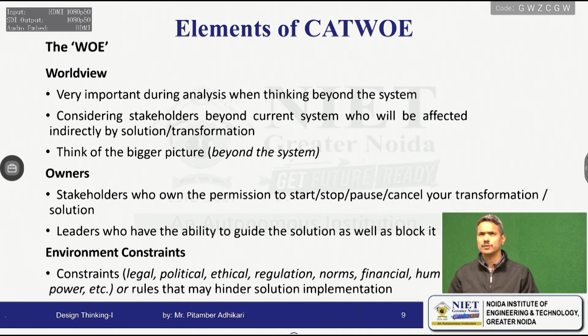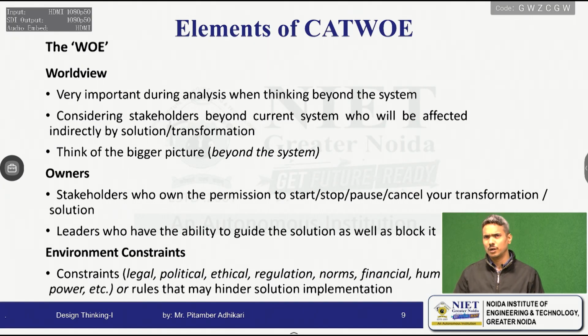Then this is the fifth one, and after this owner, the last one, the sixth one, is environment constraint. As the name suggests, it works similar to that only. Here you can use other terms like hindrances, barriers.